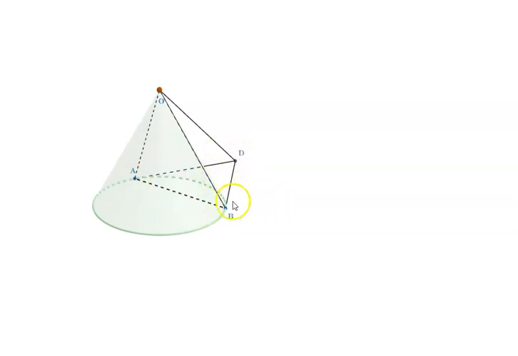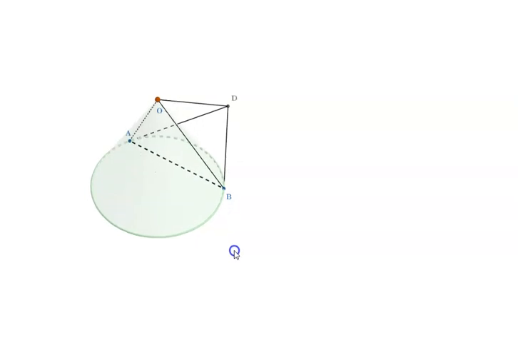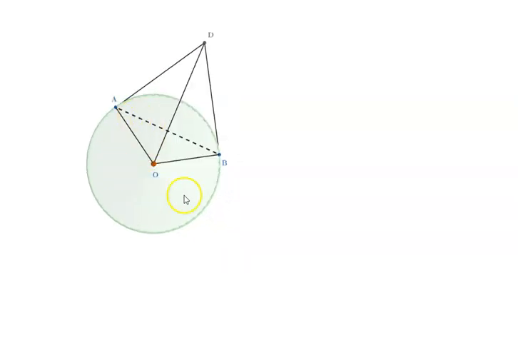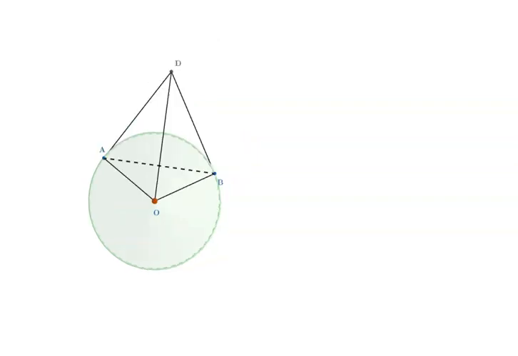Now, to make it more understandable, I'm going to position it like this. So it will look like the center of the circle, but it is actually the apex of the cone. And these are the tangents. Let ABC be the circular base of the cone, O its apex.